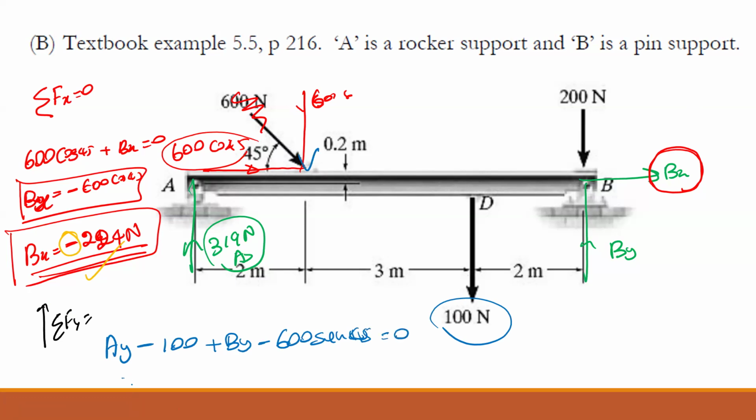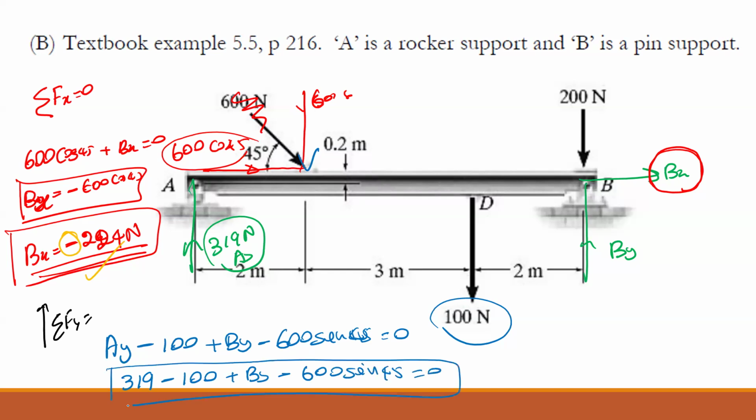AY is known, which is 319, minus 100 plus BY minus 600 sine 45 is equal to 0. Now, the only unknown in this one is BY, so you can find BY by making BY the subject.